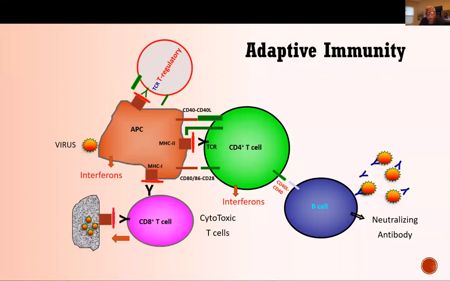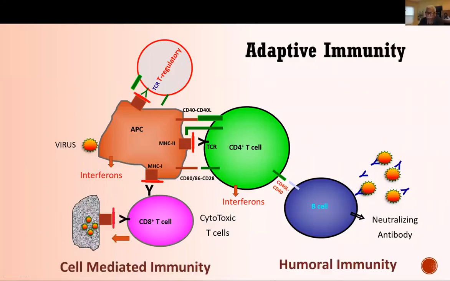So, one background slide. We talked about the innate immune response. Now we'll talk about the adaptive immune response. The adaptive immune response is induced when you get activation of CD4 cells, B cells secrete antibodies, and cytotoxic T cells become killer cells. You need all kinds of cells to have an effective immune response against this virus, right?